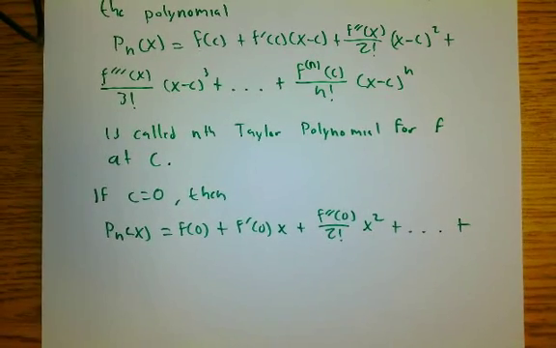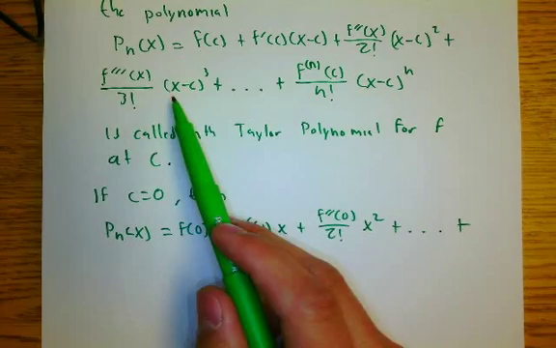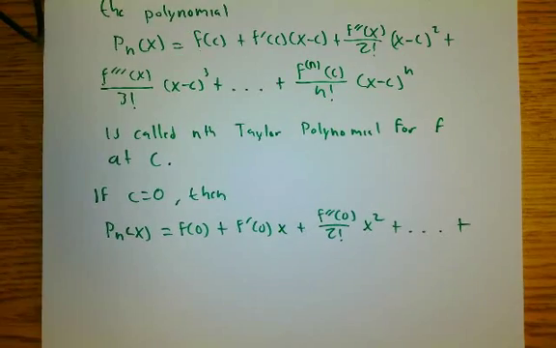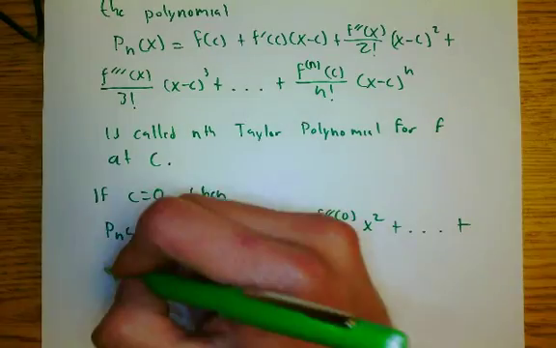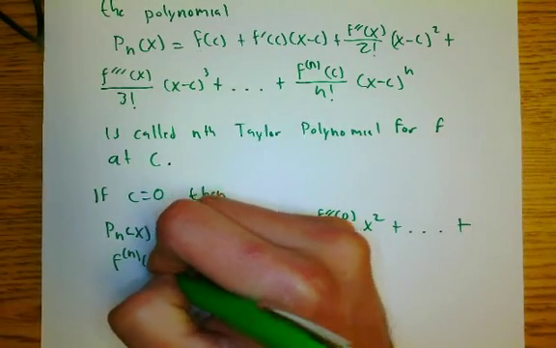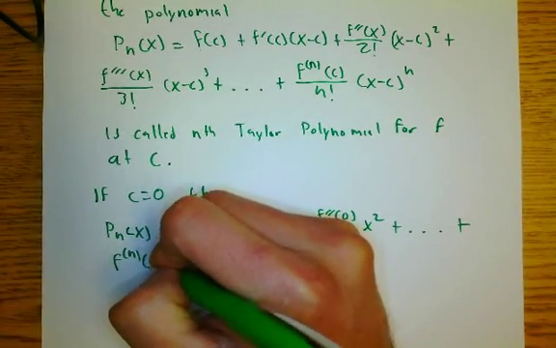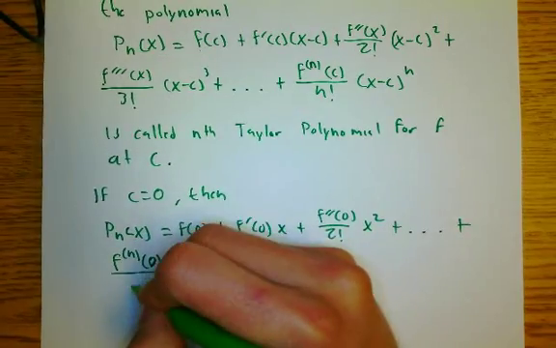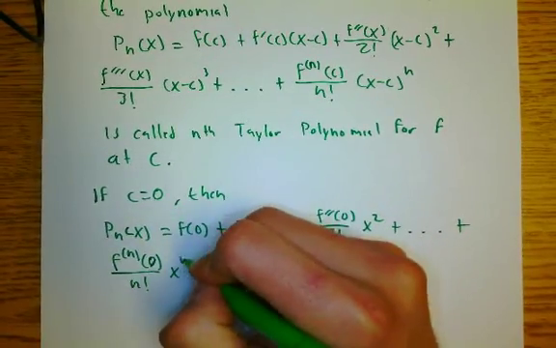Isn't it technically the same thing? What's the difference? You're just plugging in 0, and you don't have this c value anymore because you're centered at 0. So it's going to end up being the same thing, all the way until you get to the nth derivative, f of n. This guy's entire work was plugging in 0 to some other guy's function? Pretty much. Can I do that? I don't see why not.